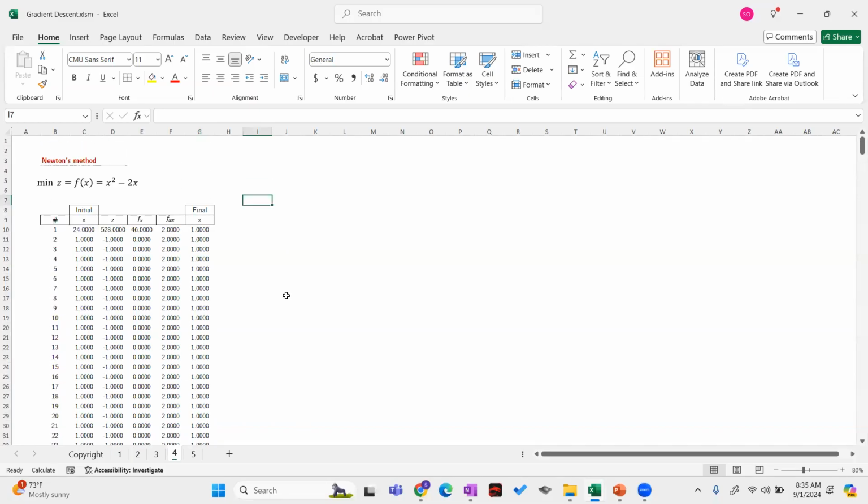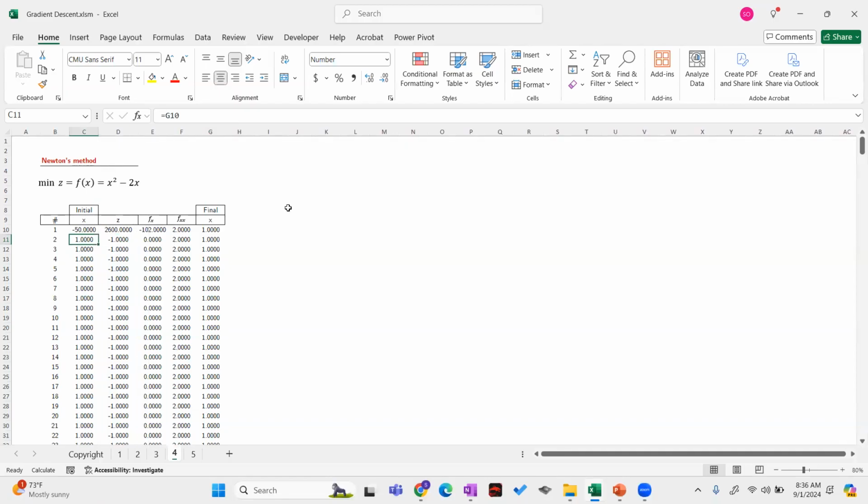It converges in one iteration. Any ideas why this happens? If you understood the derivation of the algorithm, then you can answer this.